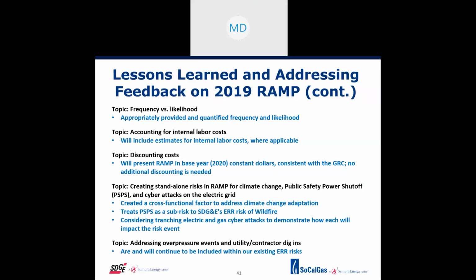I just want to be clear that addressing climate change adaptation does not address the deficiencies that we identified. So we are talking about the public-focused impacts of climate change caused by the utilities' operations. Okay, thank you. I think I've made that point already. I just wanted to be clear.